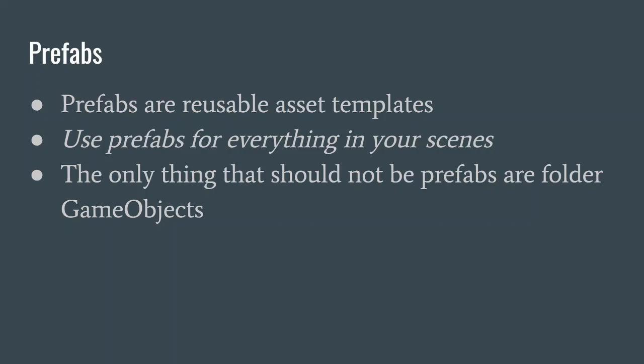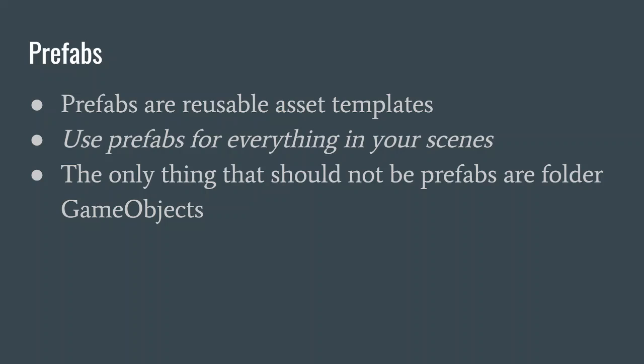If you're making something like, let's say, a lamp, and it's a model of a lamp, and it's got a light in it, and might have a script in it, you might want to change the size. You shouldn't ever be modifying it in the scene, ever. You should make a prefab of a lamp, build it, then place it in your scene, and then only edit the prefab. And that's how you should do everything in Unity.